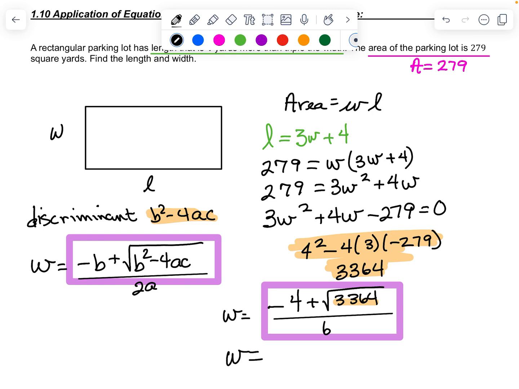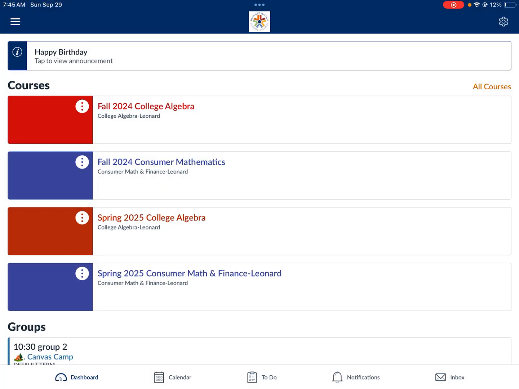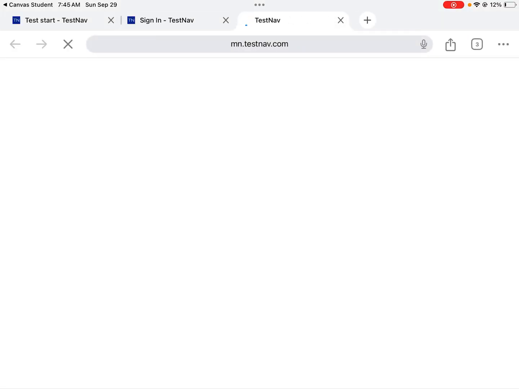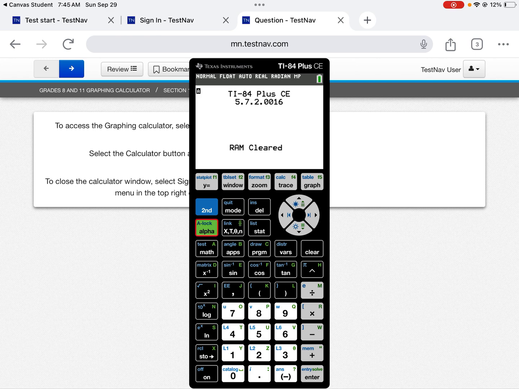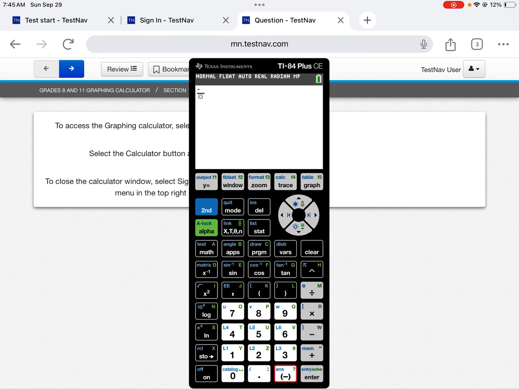So W equals, if we go to our calculator, negative 4 plus the square root of 3364 divided by 6.